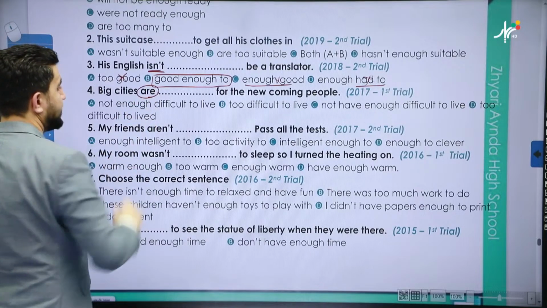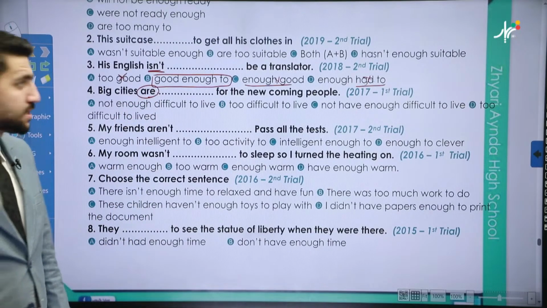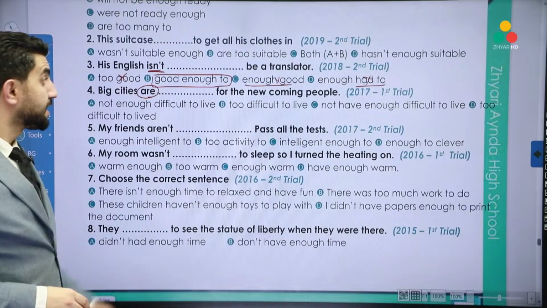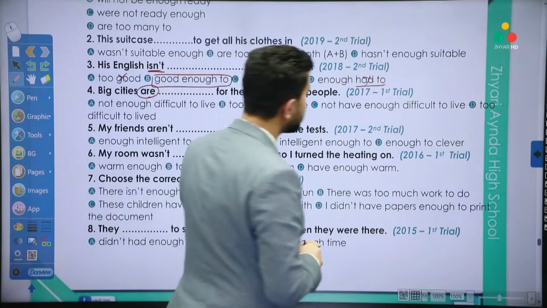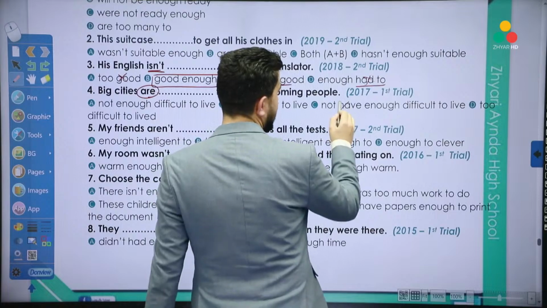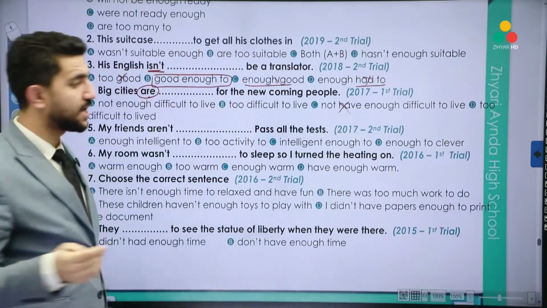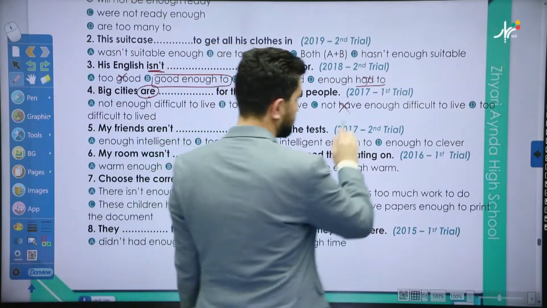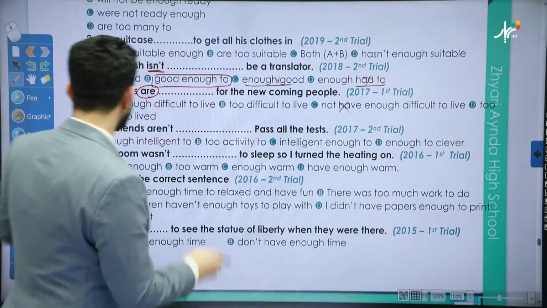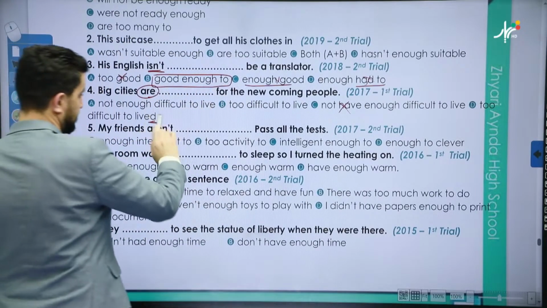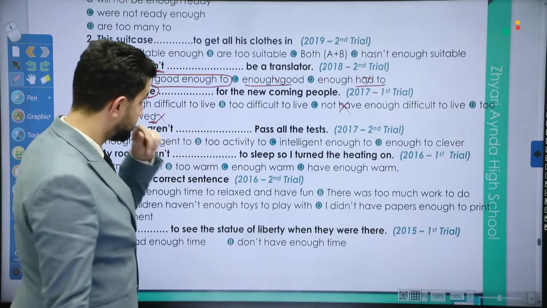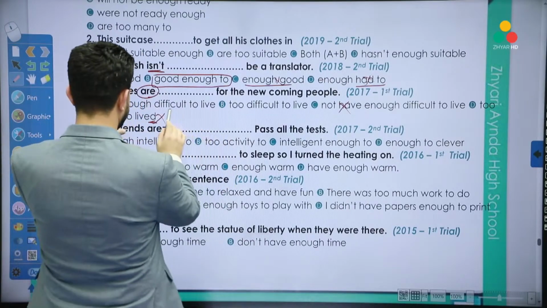Since we have verb be and it's positive, this is positive, right? Not have enough. Do we have not have enough? We say didn't have, or don't have, or doesn't have, right? So this one is wrong. Too difficult to lived. Do you think this one is correct? To lived. No, we said we use base. So now what do we have? These two.